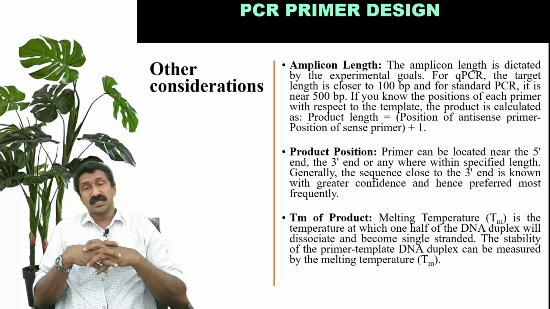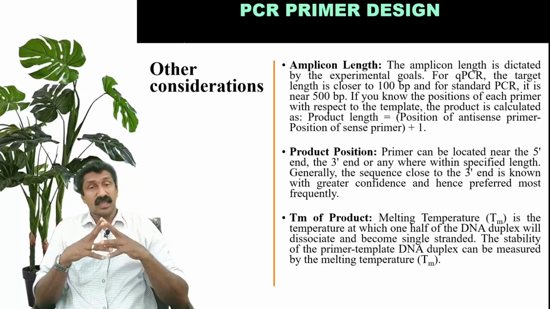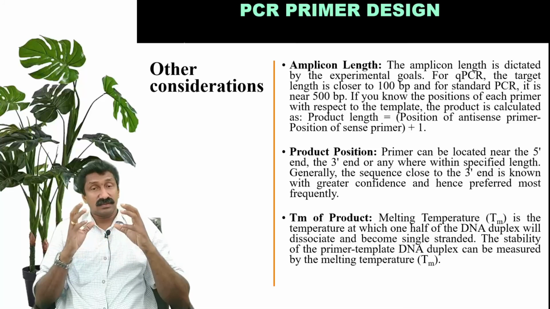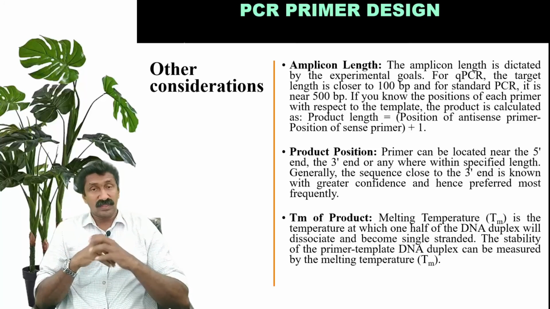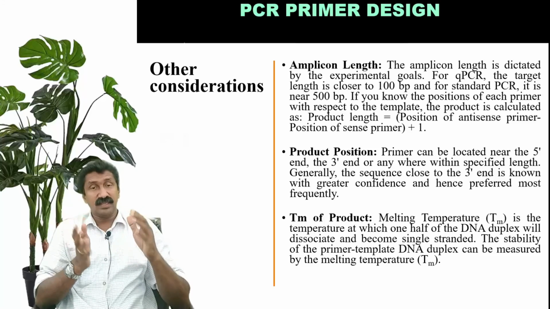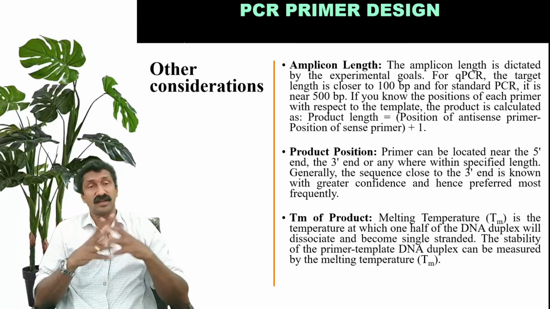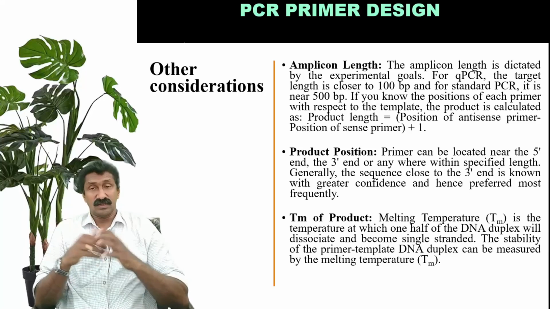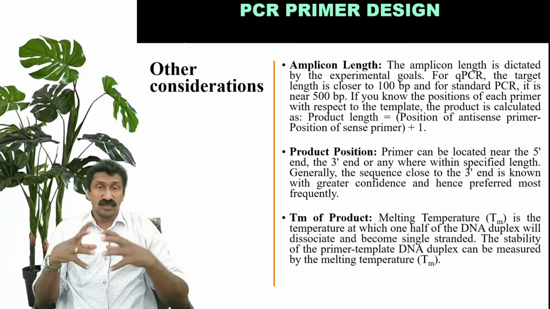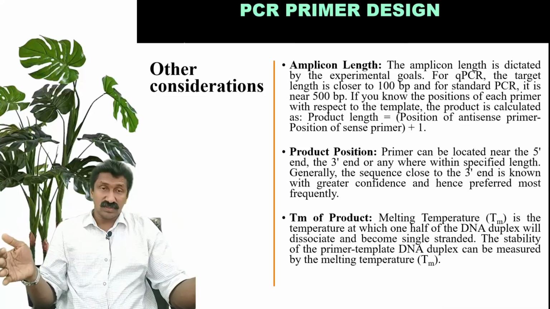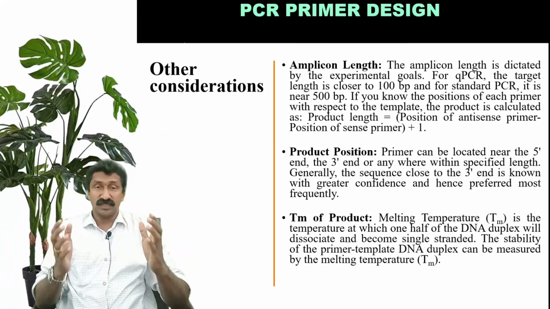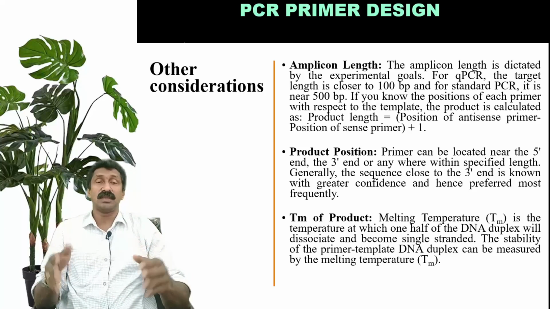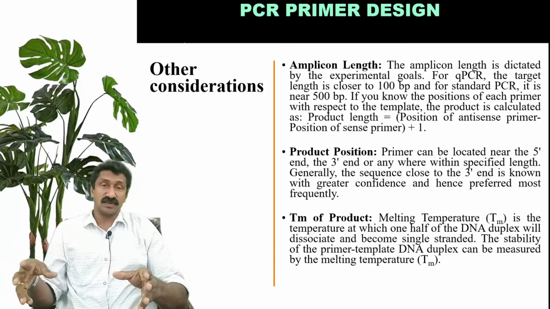Then product position is another factor. The primer can be located near the 5' and 3' end, or anywhere within the specified length of the DNA. For example, your gene may be 2000 or 3000 base pairs long, but your PCR product or target sequence may be only 500 to 700 base pairs long.